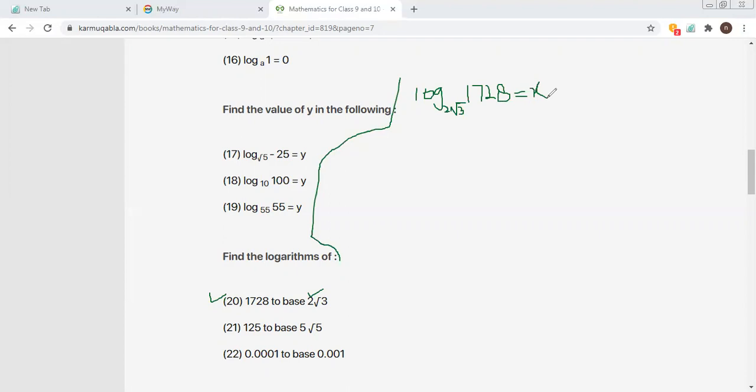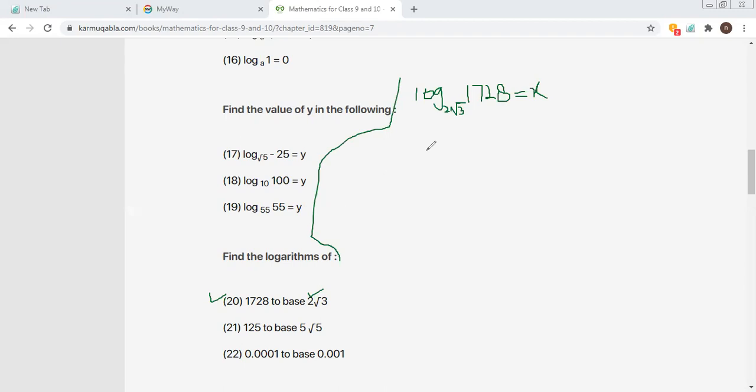Are you getting my point? We first write the logarithm form of this term of the question, and then convert the logarithm form into the exponent form. क्या होगी इसकी exponent form? Tell me, hurry up quickly.